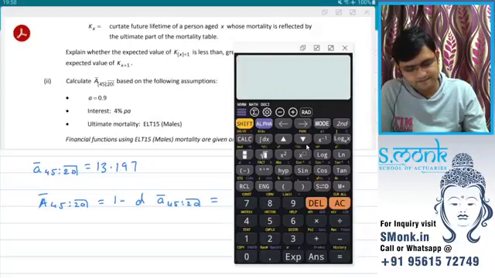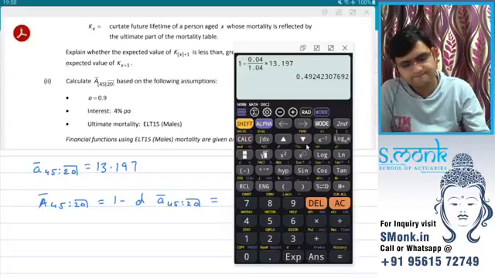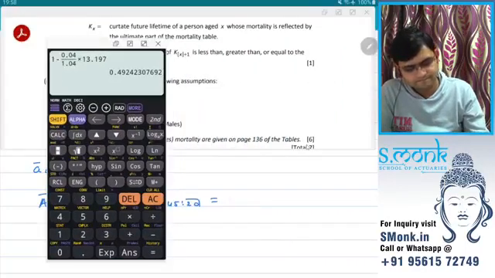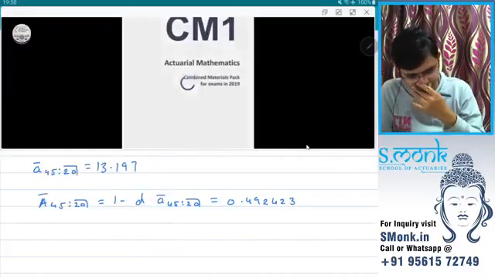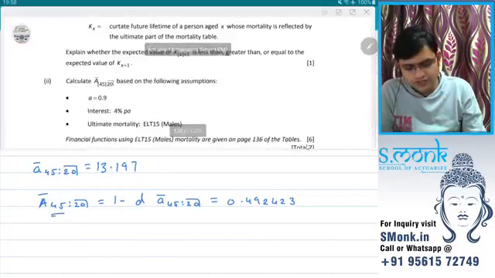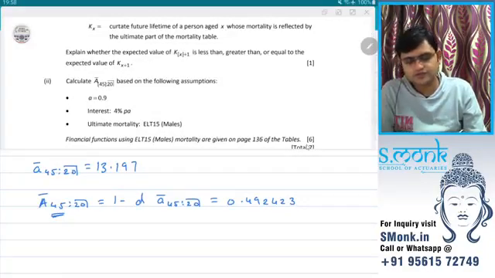So 1 minus 0.04 by 1.04 multiplied by 13.197. So now we know the ultimate value. We have to calculate our select value.